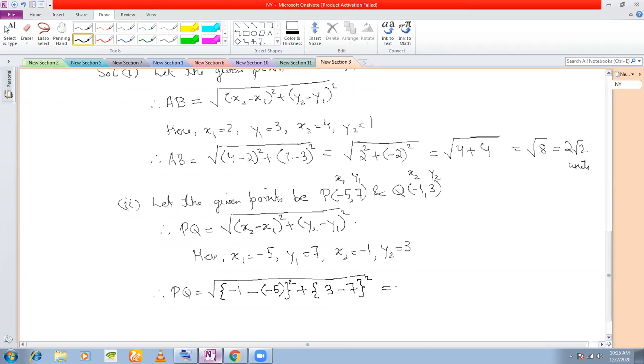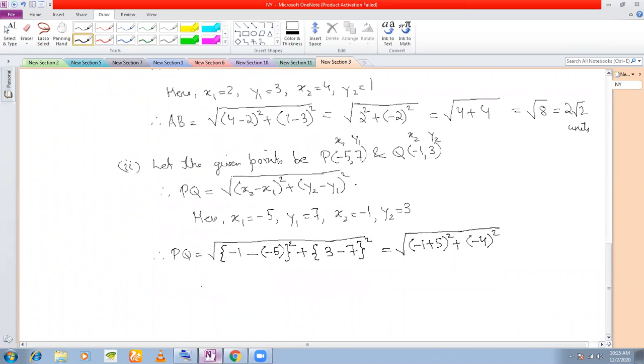That's it. Equal to square root of, this is minus 1 plus 5 square, and this is 3 minus 7 is minus 4 square. So this one is square root of 5 minus 1 is 4 square plus minus 4 square. So this is root over of 16, and minus 4 square is also plus 16. So 16 plus 16. Be very careful with the signs when working with distance formula.